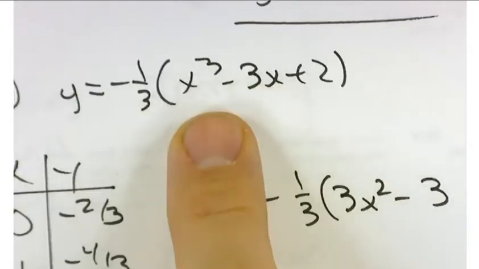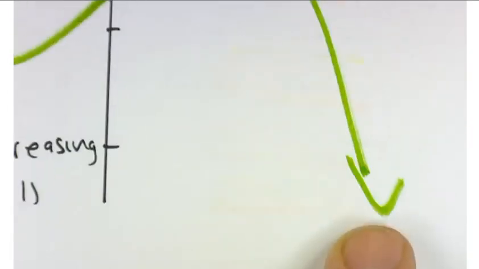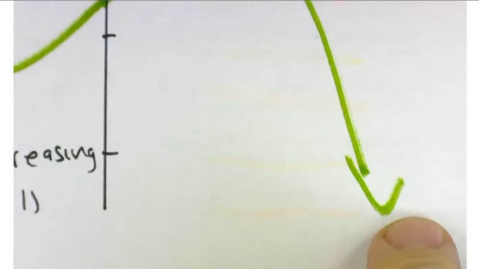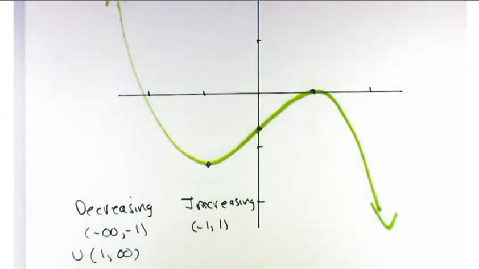If you take a look at the limit as x approaches infinity of this graph, it's going to be negative infinity. If you put in bigger and bigger values, you can see that based on the form of the graph. This is just going to keep going down. On the other side of things, as you approach negative infinity, it's going to go towards positive infinity. So there is no asymptote.